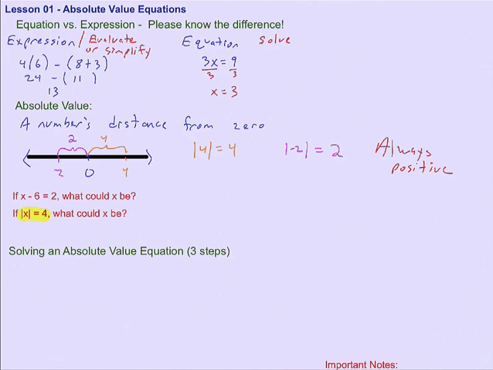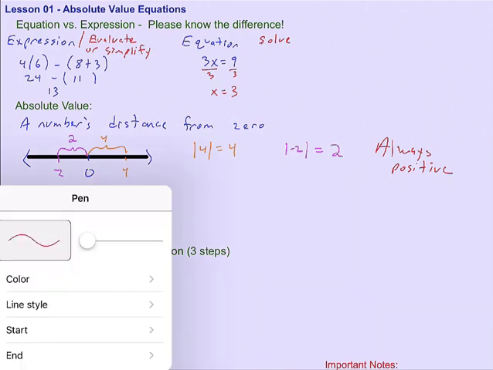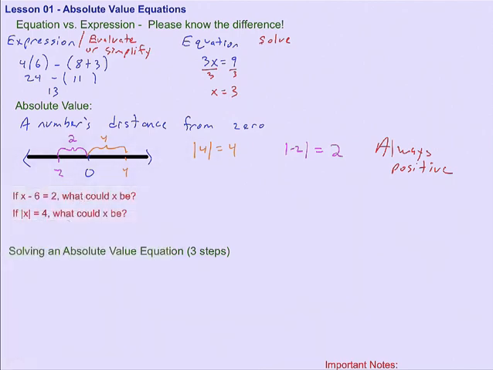Well, what we said before is when you have an equation with an unknown in it, you solve it and you figure out what that unknown has to be. But you run into an interesting twist here, where if you say the absolute value of some unknown number is 4, I don't know if that unknown number is positive 4 or negative 4.